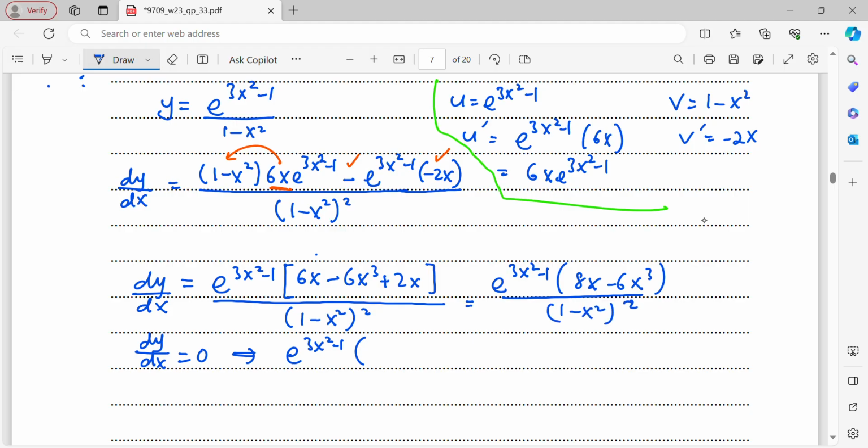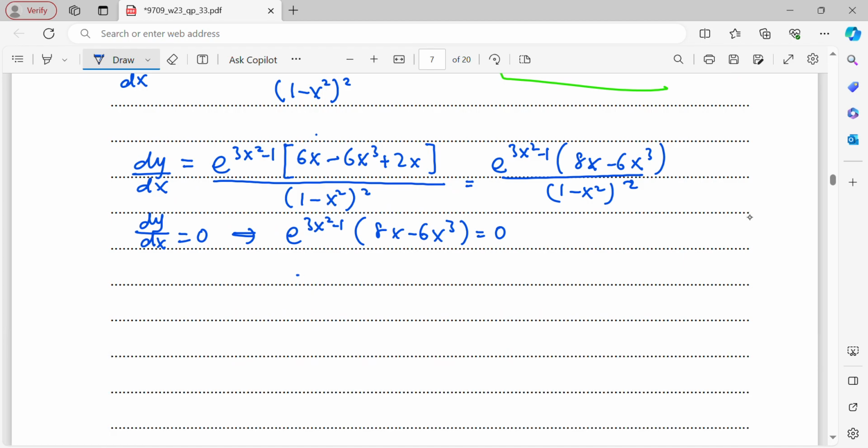So it means that the numerator will be 0 when the dy/dx goes to 0. But then we know that exponential is always positive. The exponential function cannot be 0. Hence, 8x minus 6x cubed equals 0.